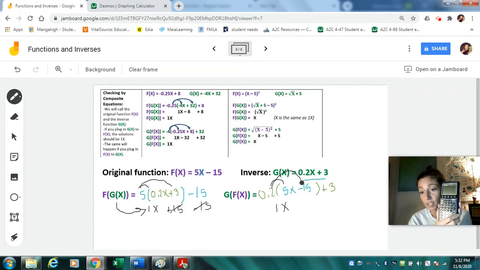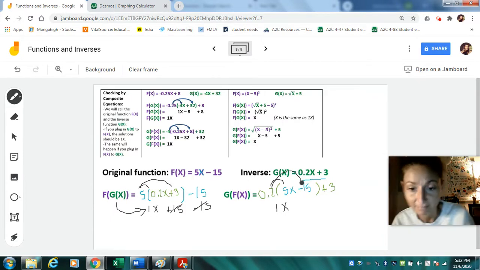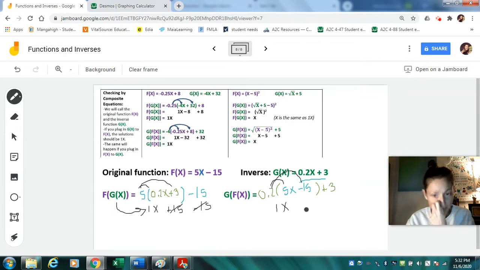This is not one of the school ones, but it's similar. Negative 3. You can also use the Desmos calculators, right? So that would be minus 3, but we still have our plus 3 here. So again, those cancel out, and you're just left with 1x. And so that proves that these are inverse functions.